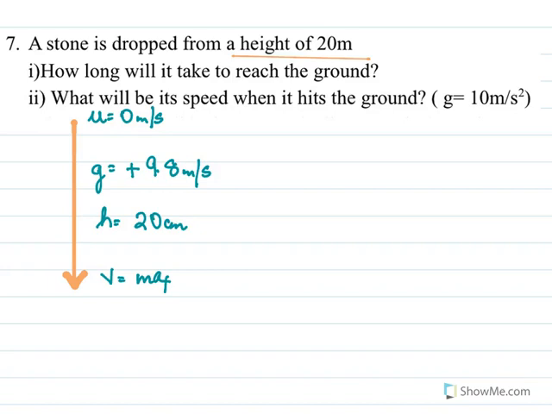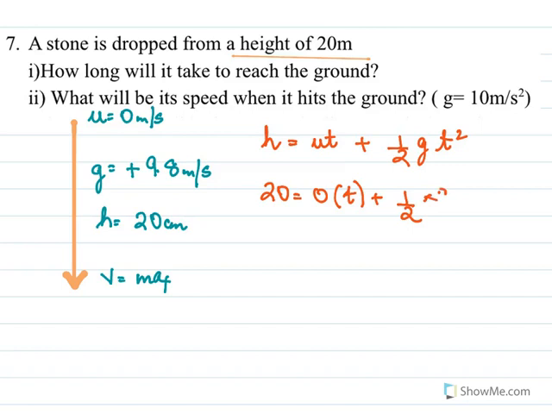So to find the time, we'll use the equation s equal to ut plus half at square. And for that we replace the s by h because it is a height, and the a we replace by g. We know the h is 20, so we put 20 equal to u is 0, and time is not given, plus half, your g and t square.